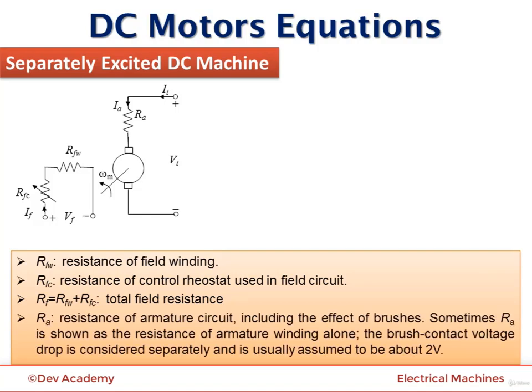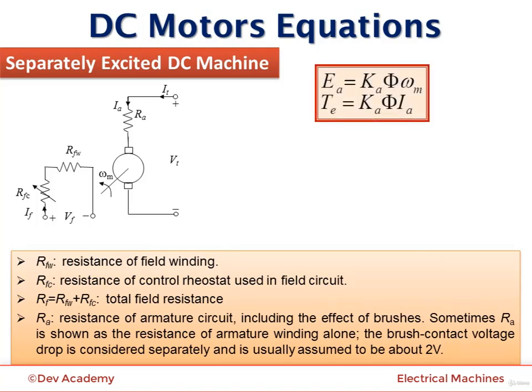RA is the resistance of the armature circuit, including the effect of brushes. Sometimes RA is shown as the resistance of the armature winding alone. The brush contact voltage drop is considered separately and is usually assumed to be about 2 volts.